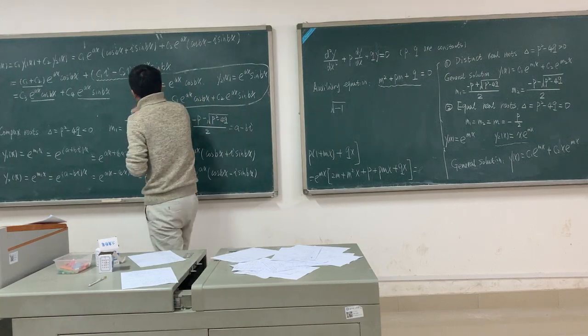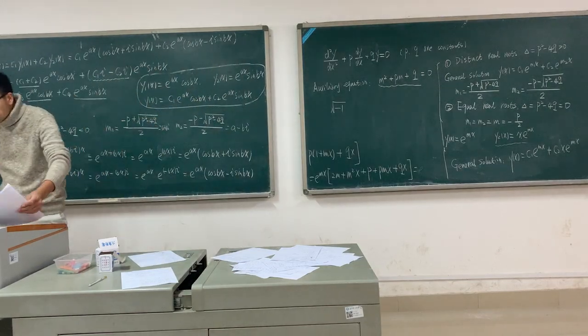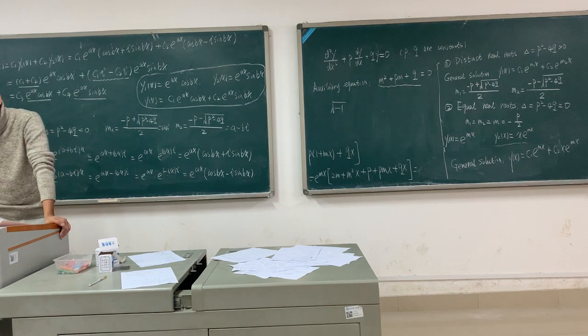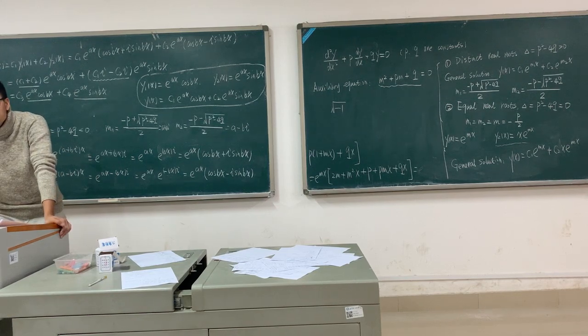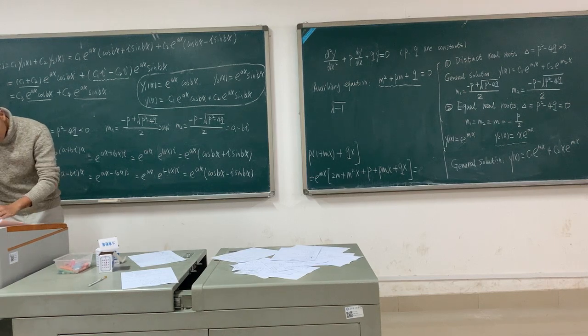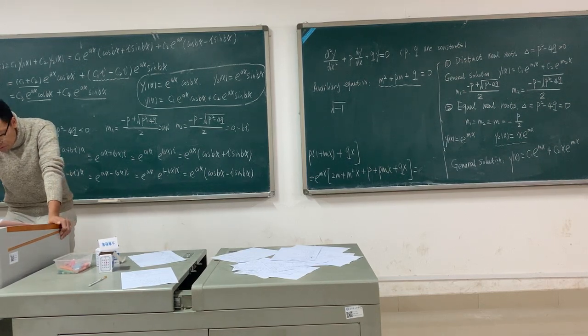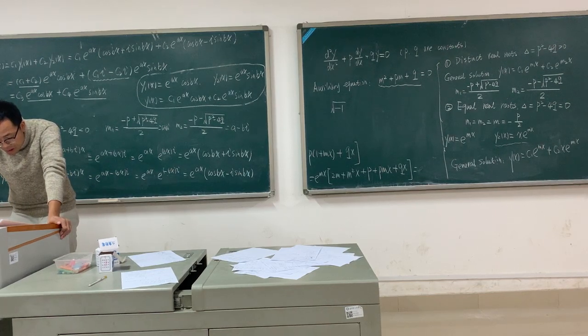So now we have introduced these three cases, and these three cases are the key point. So now we see page 432 at the bottom, where we have a summary.